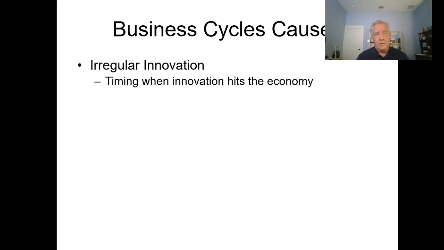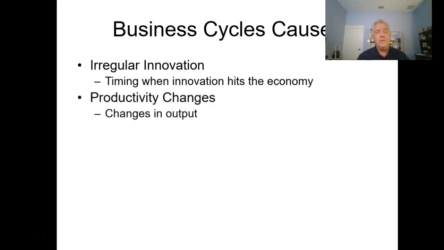And we've done a lot with forecasting, et cetera, with the use of computers. So these innovations aren't necessarily timed in such a way as to hit the economy to make it grow in a pattern that's consistent with what we expect to happen. The problem is innovation hits at any different time, whenever it raises its head.